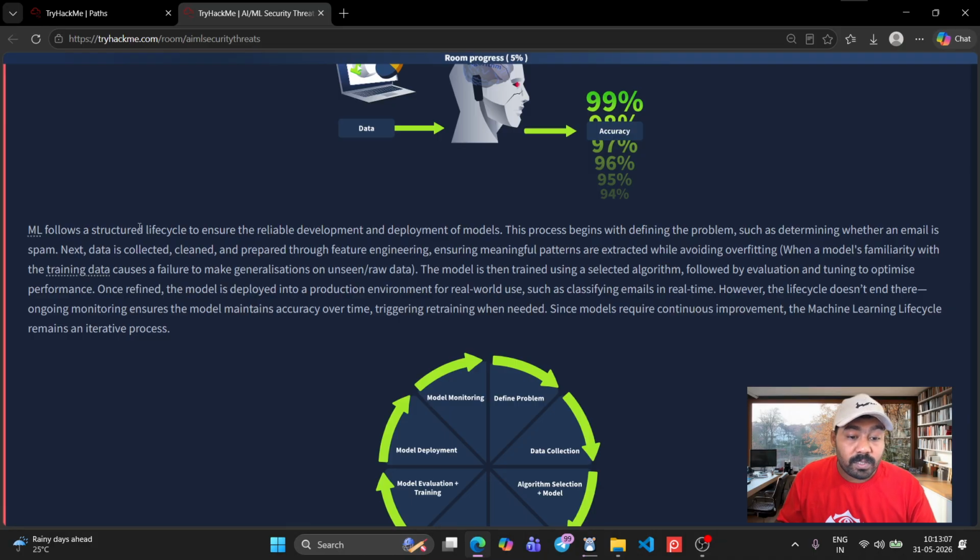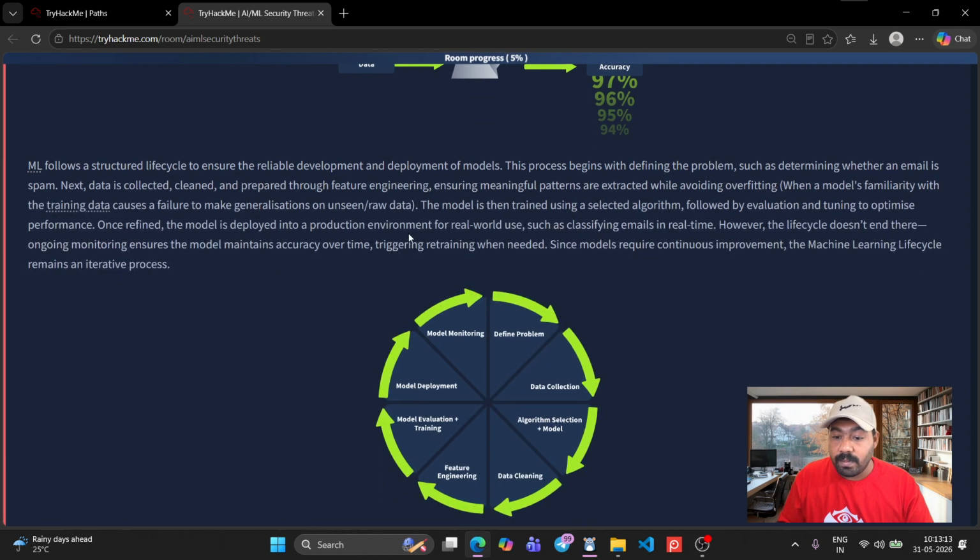ML actually follows a structured life cycle to ensure the reliable development of models. This process begins with defining the problem, such as determining whether an email is spam. Okay, they are providing one example.